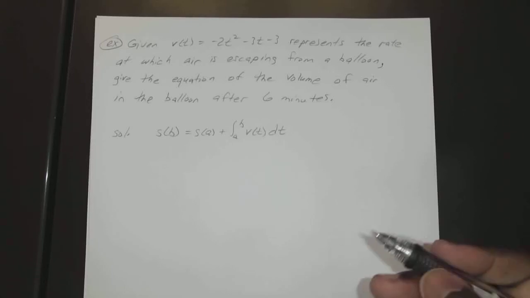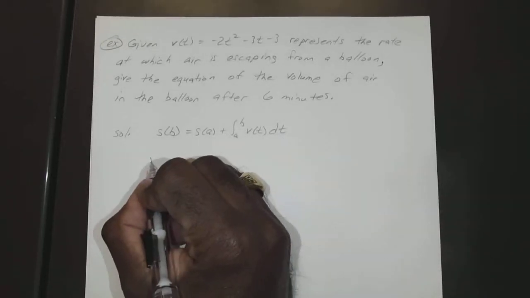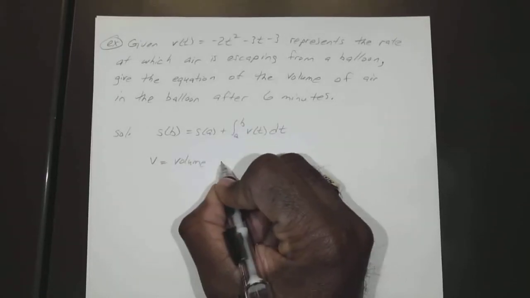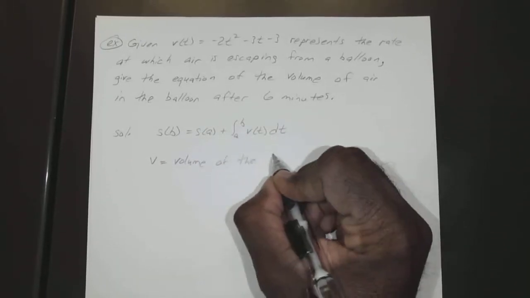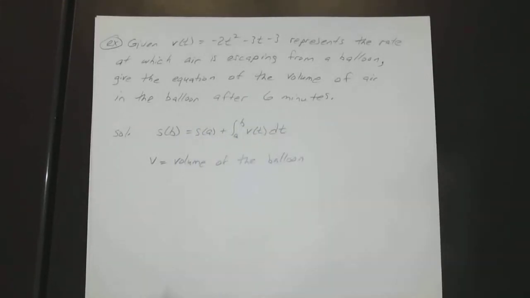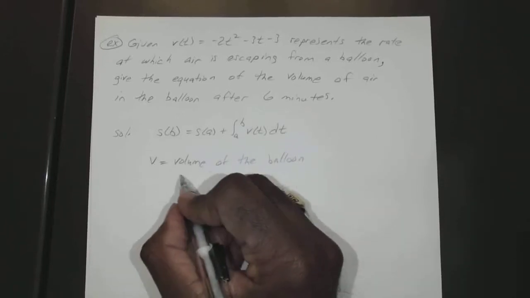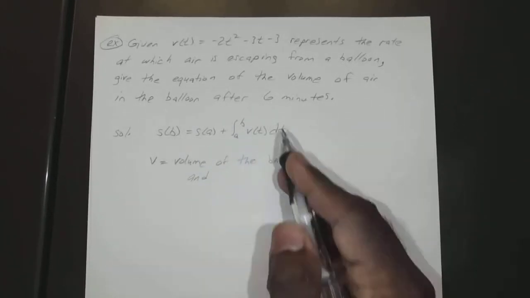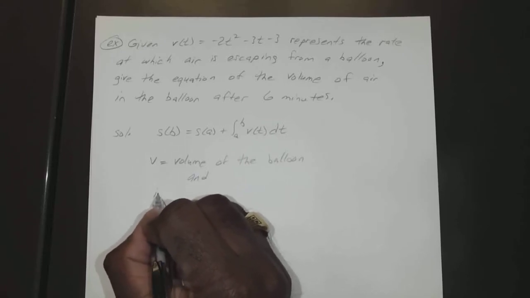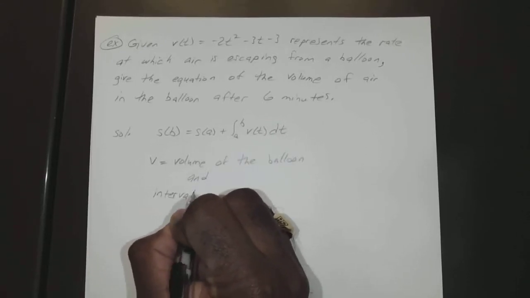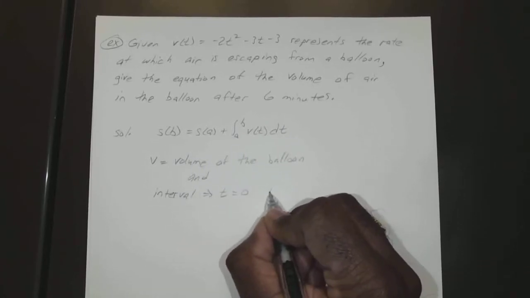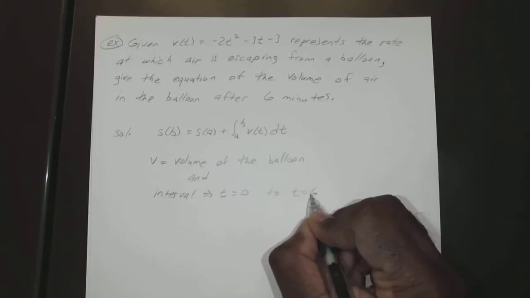So say V equals the volume of the balloon, and your interval is actually from time equals 0 to time equals 6 minutes. t equals 0 to t equals 6.